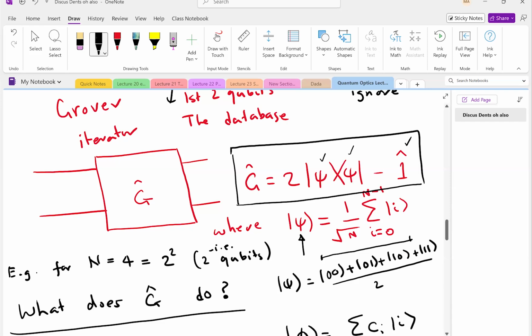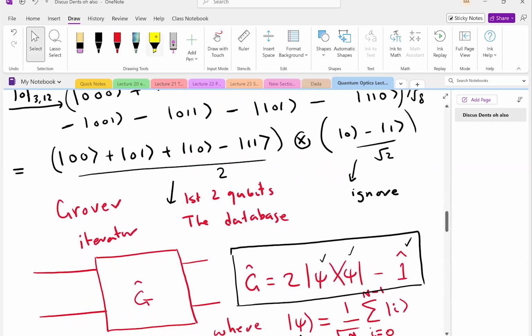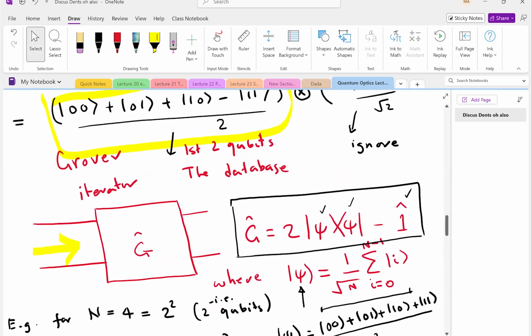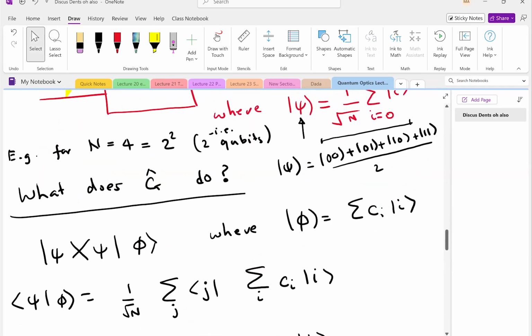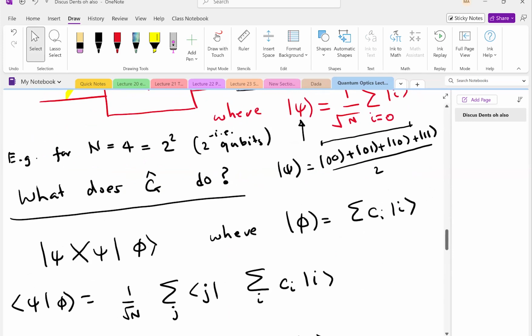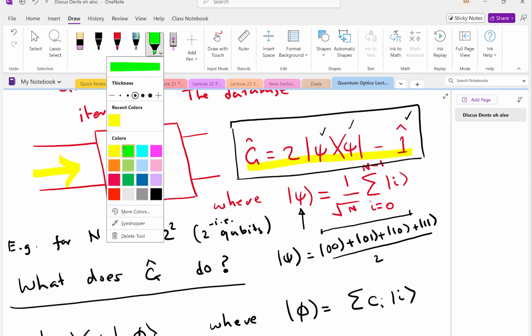So now we are inputting a quantum state, this one. This goes into the Grover iterator. So let's see what's the action of the Grover iterator on this input state. First of all, let's see what the Grover iterator generally does. The Grover iterator is defined in this fashion. So let's first figure out what this term does.